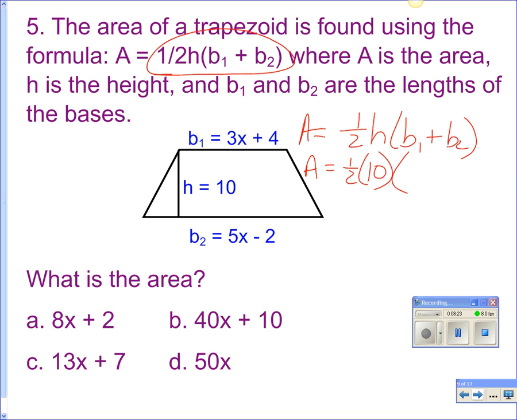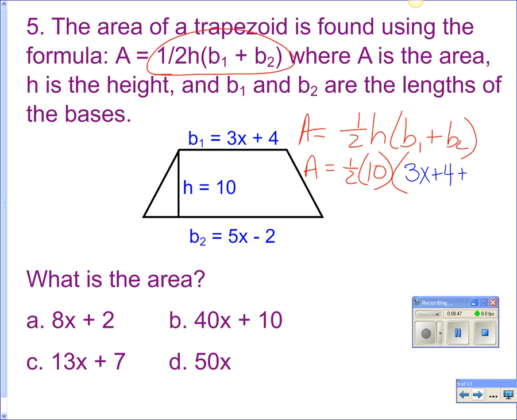10 goes in for the height. And Andrew, what am I going to write in the parentheses next? Good. So B1 is 3x plus 4. And Andrea, keep going. What else do I write? What has to go next, though?